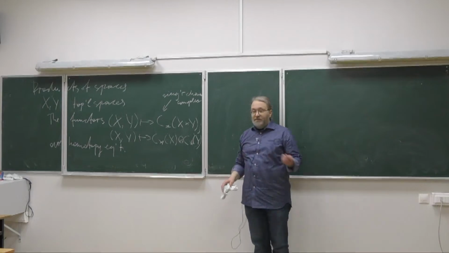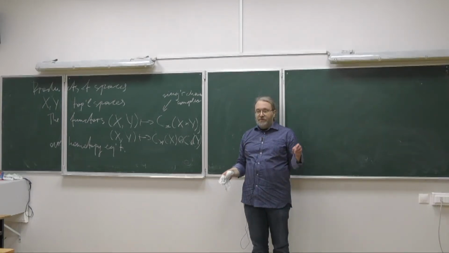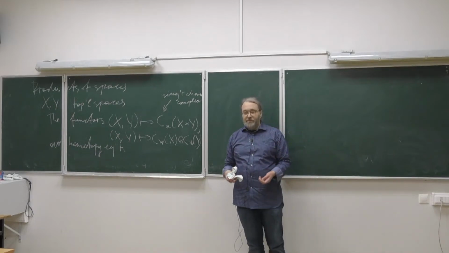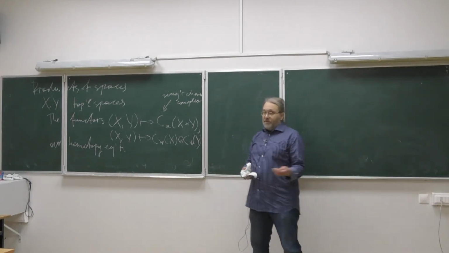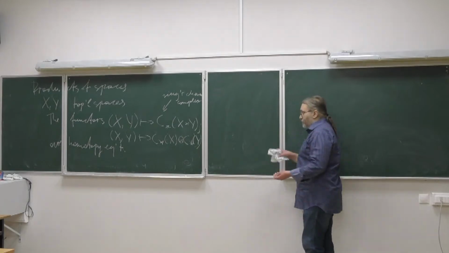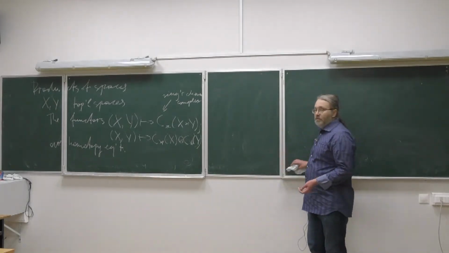If you remember the Leibniz rule for differentiating the product of two functions, then this formula is very similar, except there are signs, to make sure that d squared is 0.